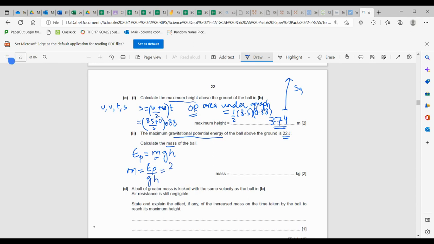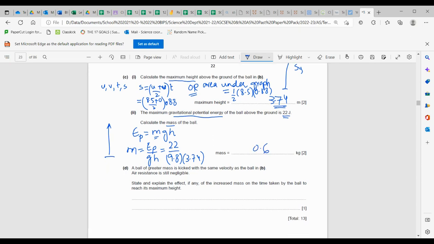The value of gravitational potential energy is given as 22. g is equal to 9.8. h here is the maximum vertical height, which we have calculated just previously, which is equal to 3.74. And if we do the working, we end up getting a mass of 0.6 kgs.